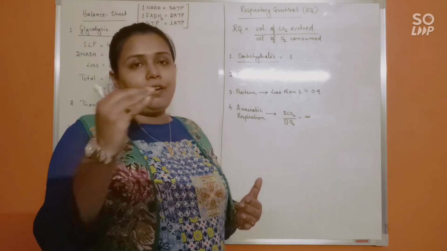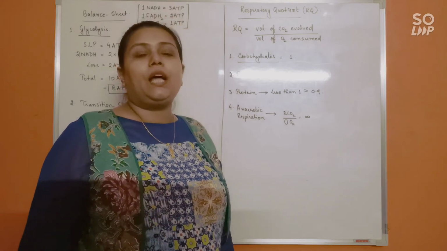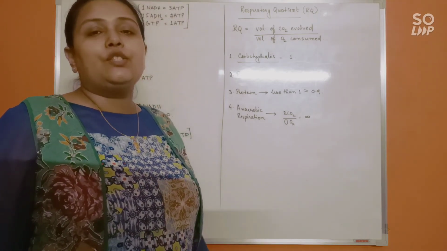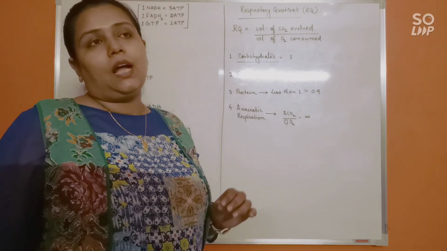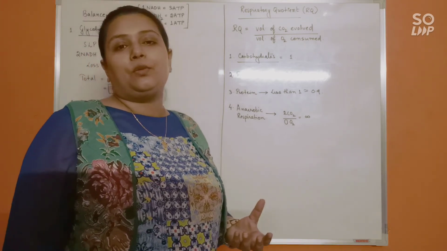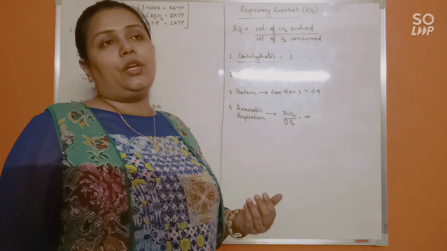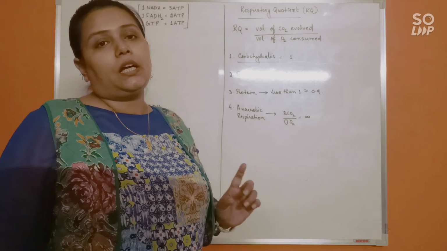So 6 divided by 6 is of course going to be 1. So always for carbohydrate, the RQ value is going to be 1. So if you check the RQ of your cells or of your body and it comes out to be 1, you can be sure that what is being oxidized in your cells or in the body is carbohydrate.